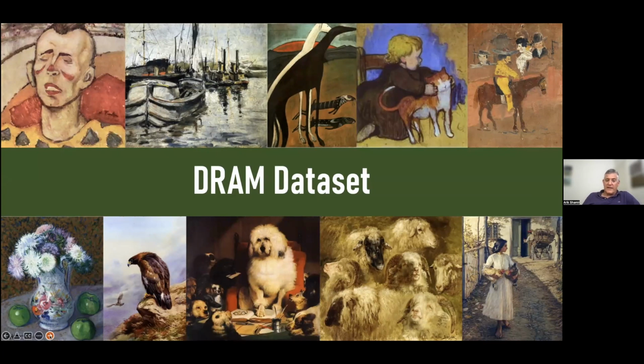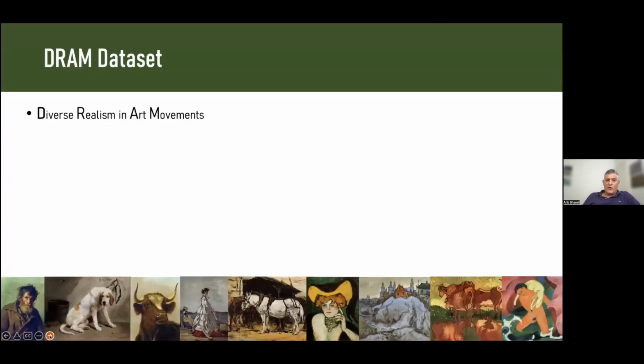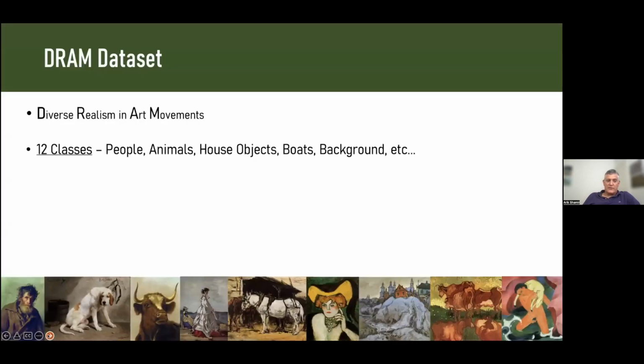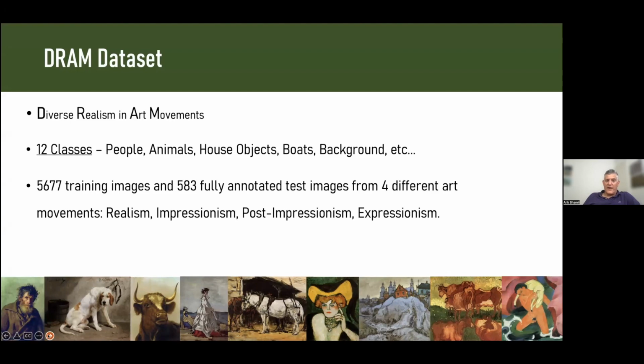We need some data in order to test our algorithms and also in order to train. So this data set contains 12 classes: people, animals, household objects, and so on, similar to the Pascal segmentation data set, which is on real images. We gathered around 5,600 images of 4 different types of art movements: realism, impressionism, post-impressionism, and expressionism, because as I told you, you can't actually look at artistic images as one domain.